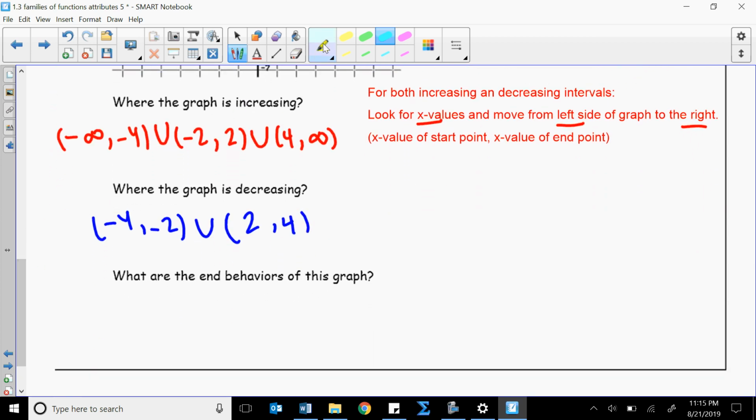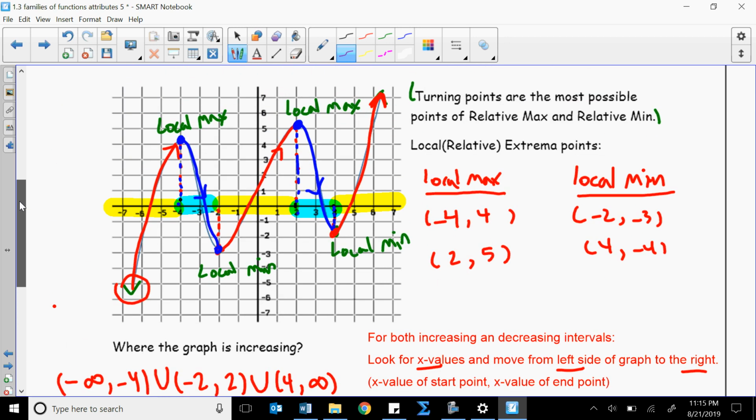The last part that we're going to talk about is the end behaviors of our graph. We already learned this in a previous lesson, and we're going to review it here. End behavior is asking what is happening to the y value as x is increasing, or what is happening to the y value as x is decreasing, moving down to -infinity.